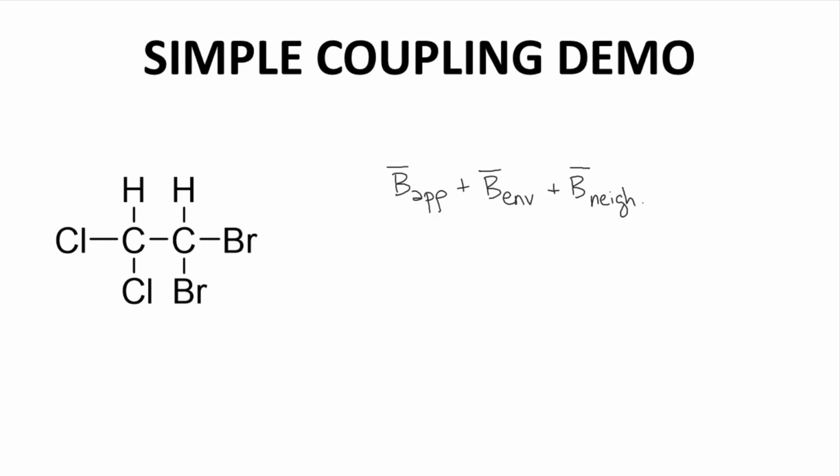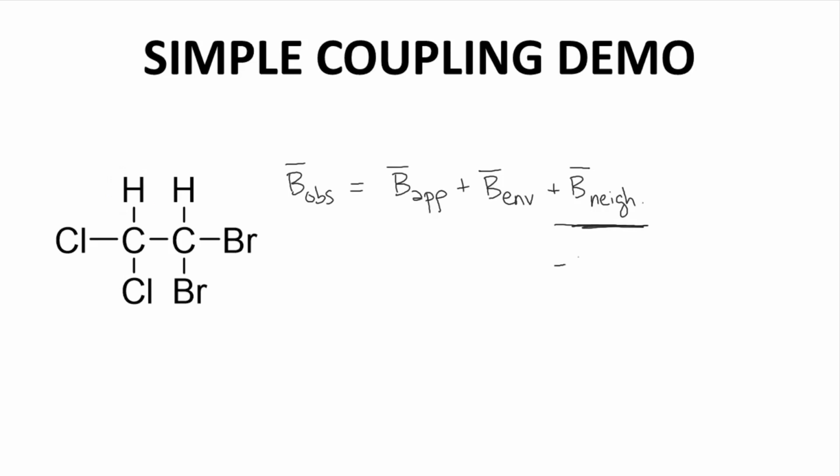The observed magnetic field, B OBS, will be the sum of these contributions. Here comes the coupling effect. Remember that the neighboring hydrogen has two possible states. It can either be spin up, and that's plus B neighbor. It can also be spin down.